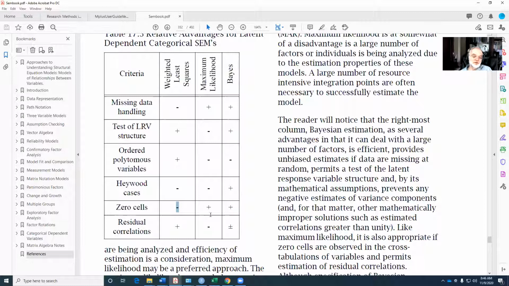With maximum likelihood, that's not so much of an issue. And if you're estimating residual correlations, it's a lot easier to do in weighted least squares. Depending on your model, it may or may not be a problem in Bayes, but having residual correlations in maximum likelihood is kind of hard to do.